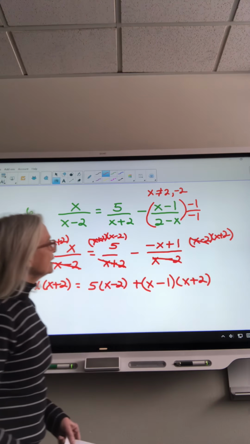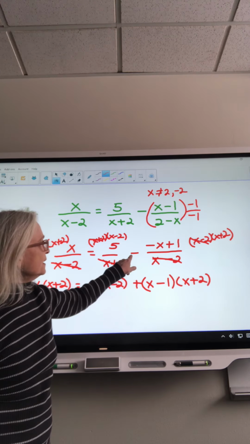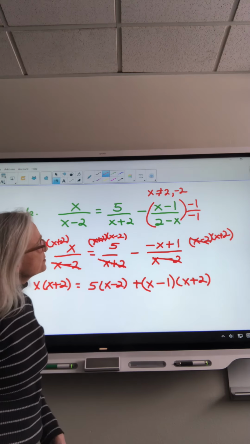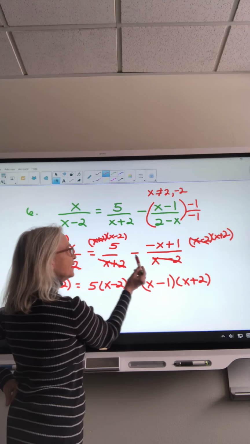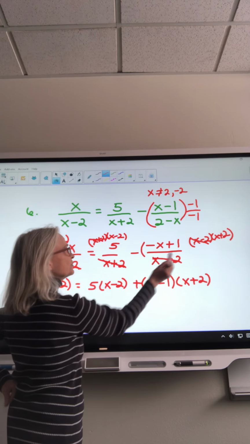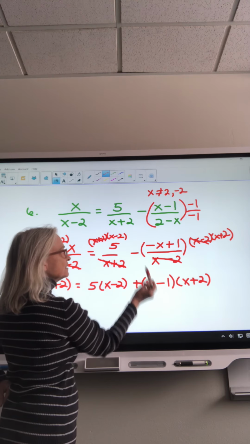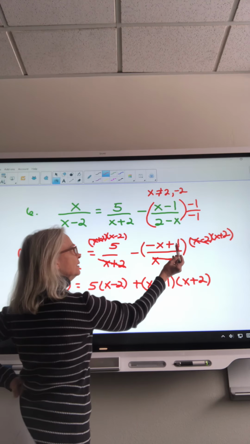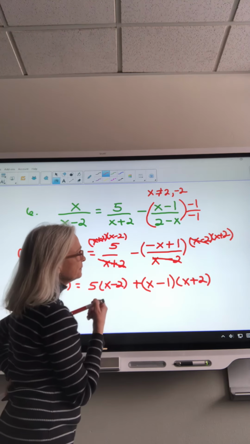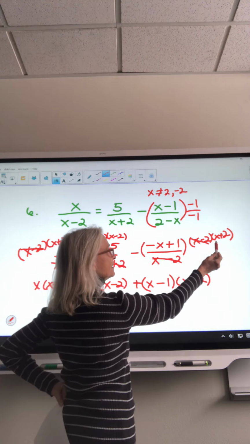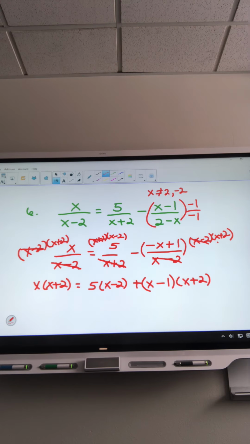Again, this is where a lot of mistakes could be made because you may just forget about that subtraction sign. And so I go ahead and multiply it out so it's kind of like there's parentheses around it. So a negative times a negative is a positive, and a -1 is the outcome of a negative times a positive 1. And we're going to multiply that times the rest of the common denominator.